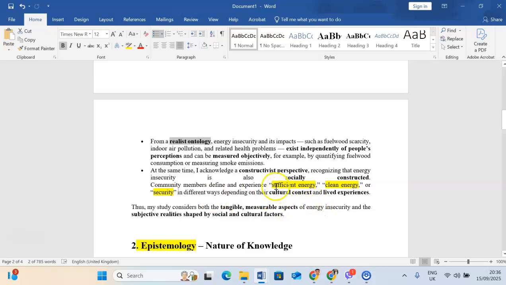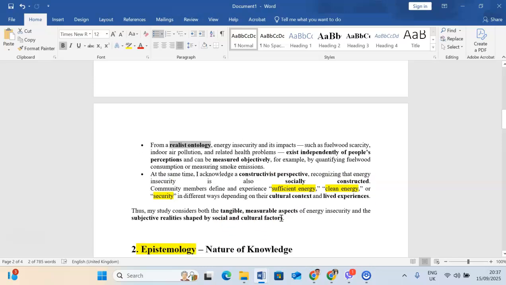Therefore, for example, sufficient energy, clean energy, and security, this terminology may differ based on their cultural context and based on their lived experiences. Thus, my study considers both the tangible, measurable aspects, which is from the realist ontology perspective, of energy insecurity, and the subjective realities shaped by social and cultural factors.